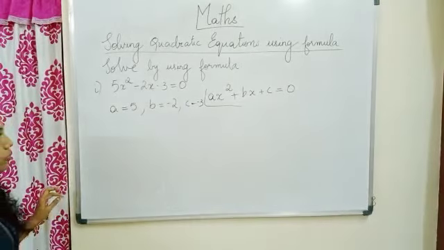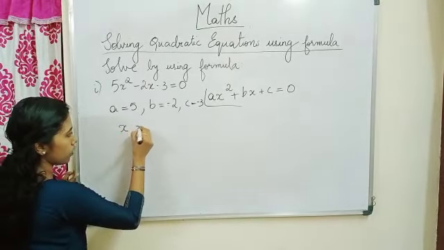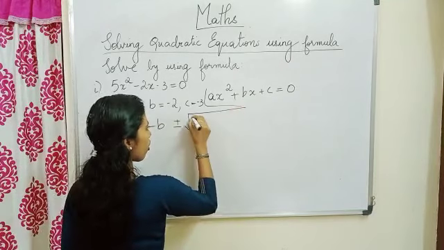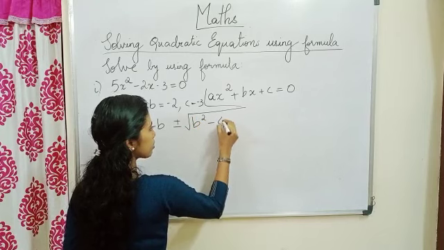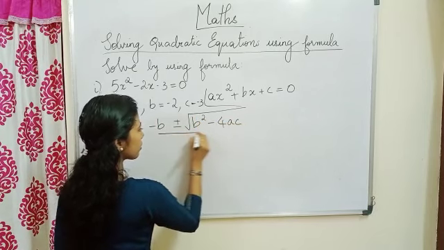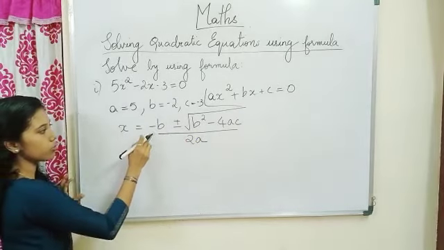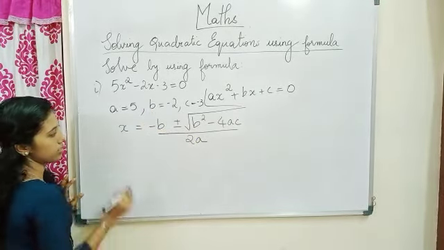Then we have to use the formula x is equal to minus b plus or minus root of b square minus 4ac by 2a. Here we have to substitute the values of b, a and c.